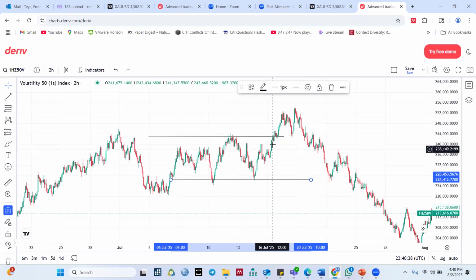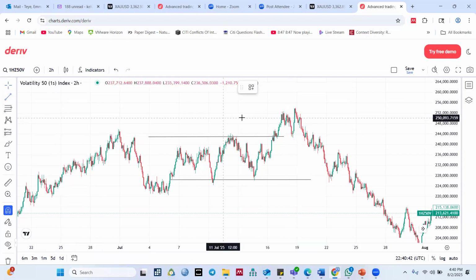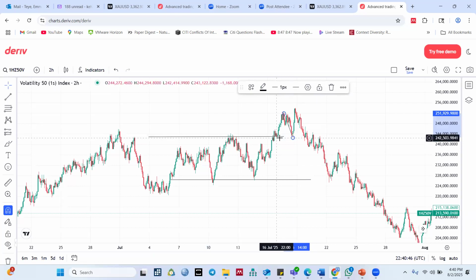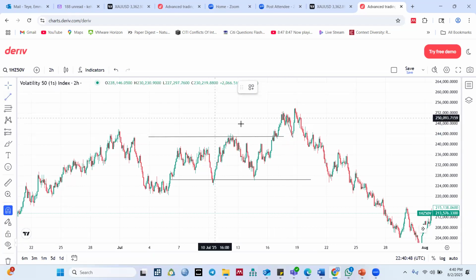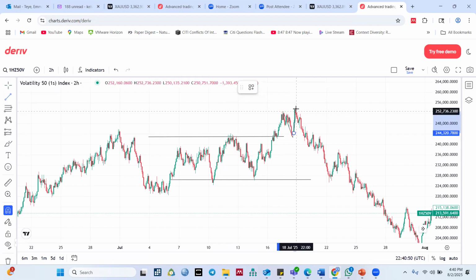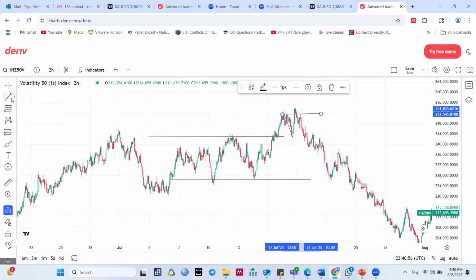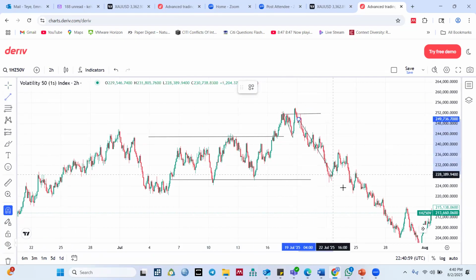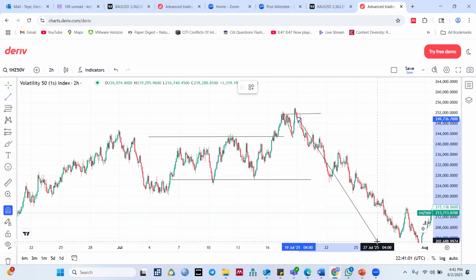The moment it was able to break to the upside, it dropped into this area. This is an order block, and then it gave us another push to the upside that gave us a high. But after that, we saw a very big move to the downside.